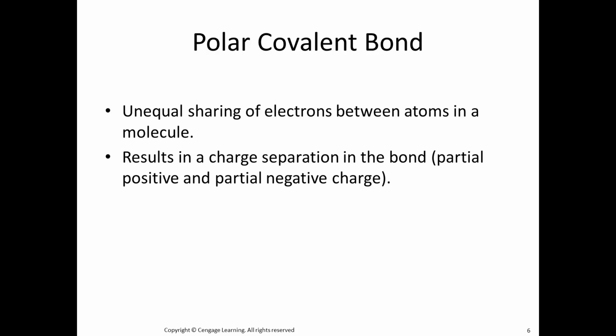In this case, we have a polar covalent bond, where we have unequal sharing of electrons between atoms in a molecule. This results in a charge separation in the bond, where we have a partial positive and partial negative charge in our molecule.